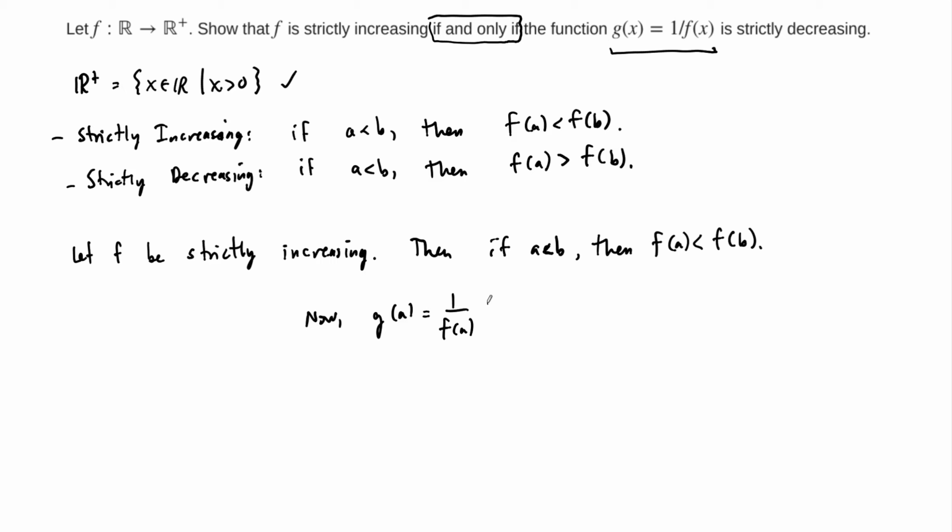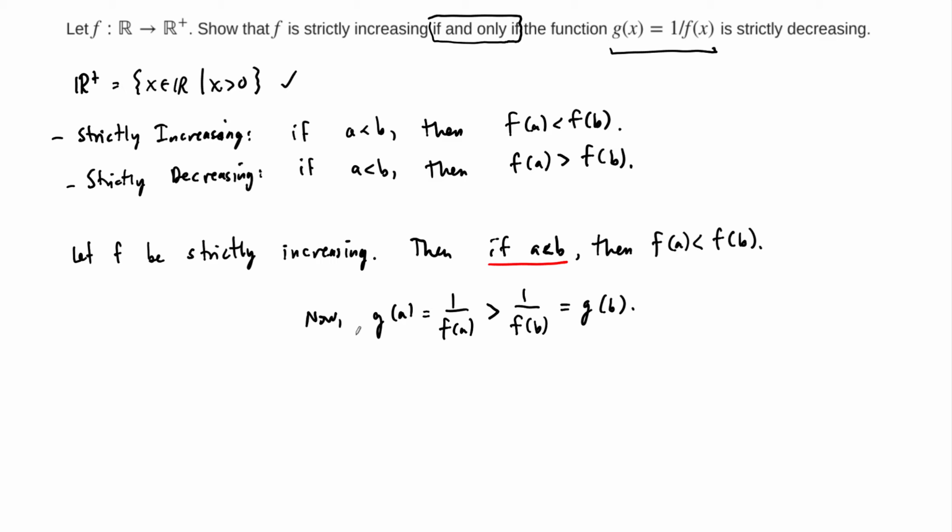So when we make this step, from our assumption, this is then greater than 1 over f of b, because as the denominator got bigger, the entire fraction got smaller. But this is, of course, g of b. So now what we have is, if a is less than b, then g of a is actually greater than g of b.